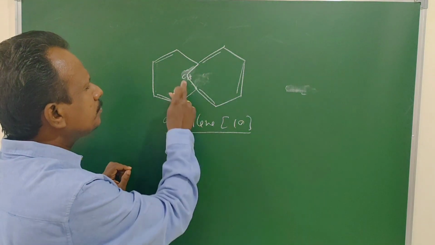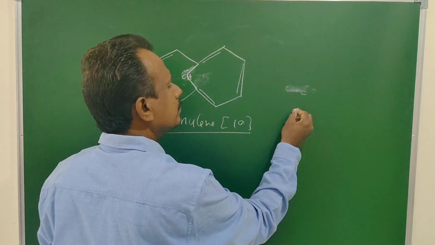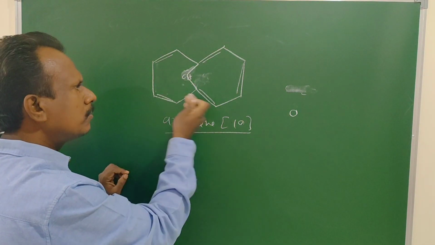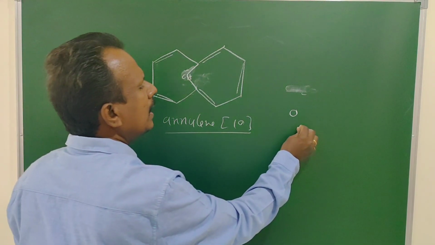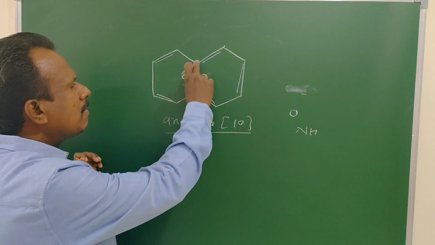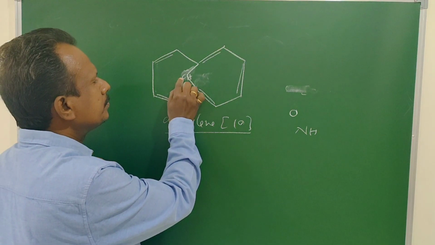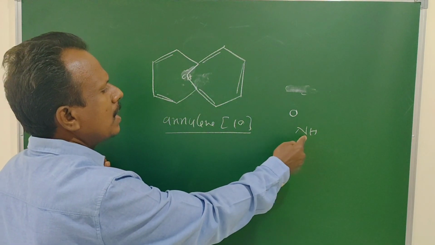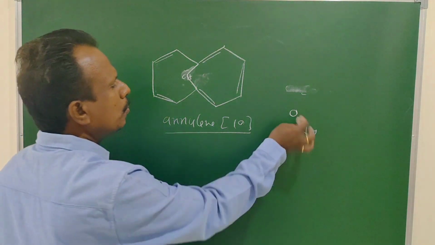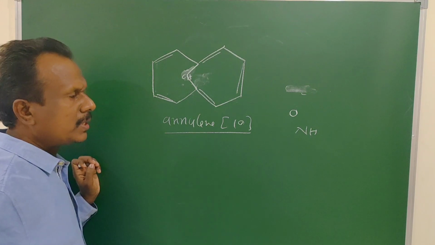We obtain a compound that is aromatic. Next one, O in place of CH minus, we also obtain aromatic. Or NH, aromatic. The important rule is, if the H atoms are replaced by CH minus, NH, or O, then we obtain planar molecules which are aromatic in nature.